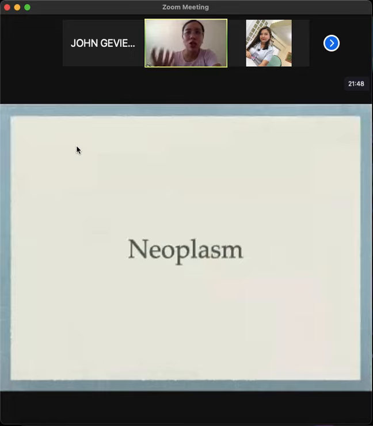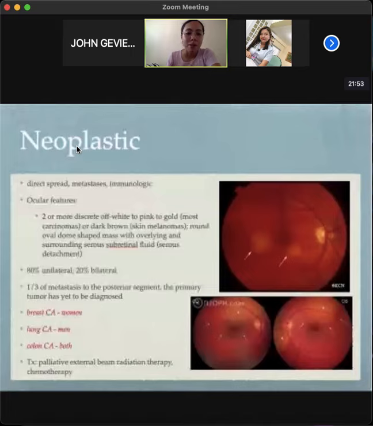Neoplasm can also be seen in the eye. Usually a third of cases are due to a primary tumor that has not yet been diagnosed, so it may be a result of metastasis. In women, if we see this irregularly shaped yellow lesion on the retina, we would be suspecting neoplasm or metastasis, which in women commonly would be due to breast cancer.